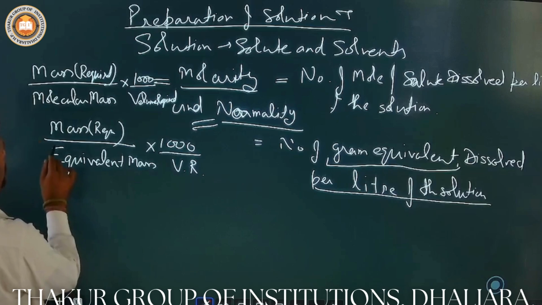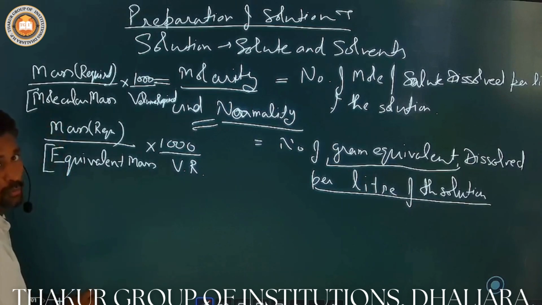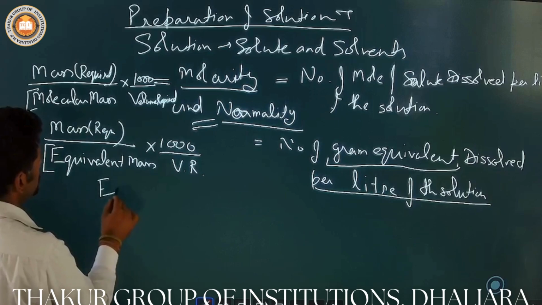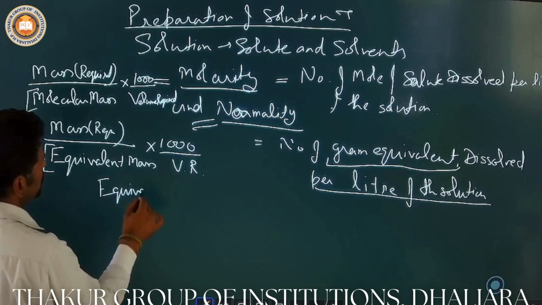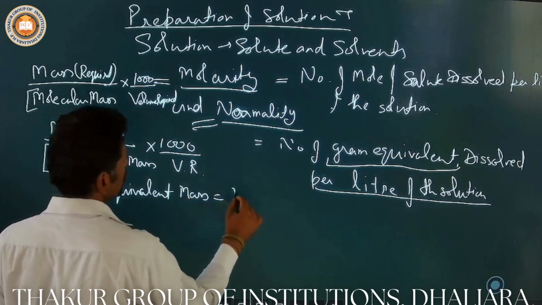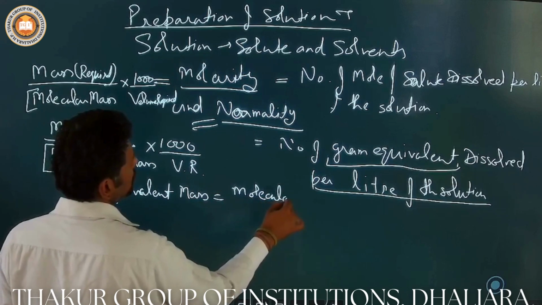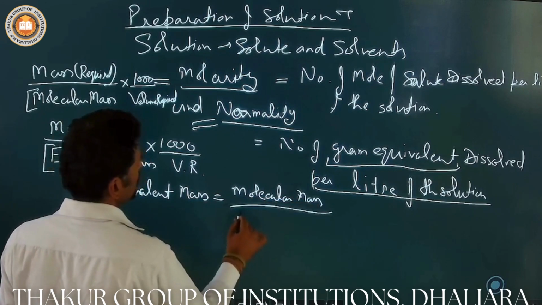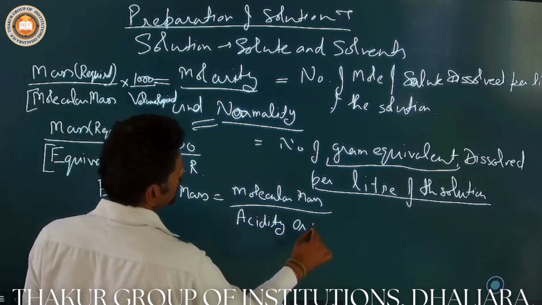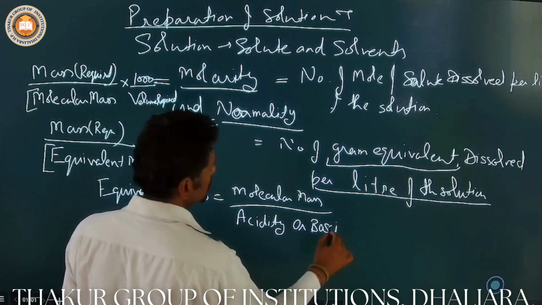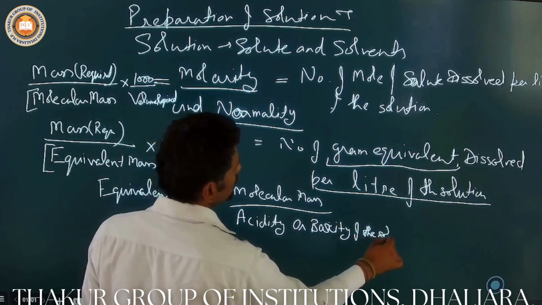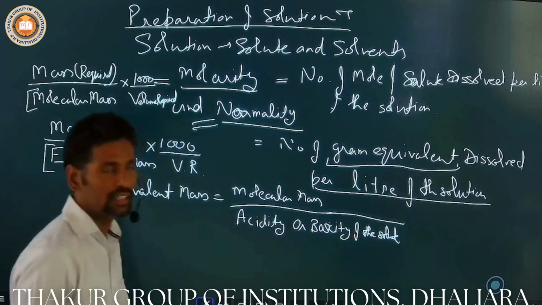Now what is the difference between equivalent mass and molecular mass? There is a simple basic relation: equivalent mass is equal to molecular mass upon the acidity or basicity of the solute.